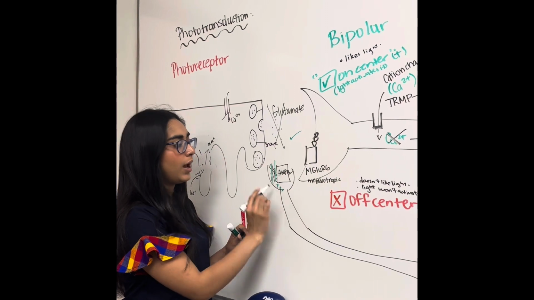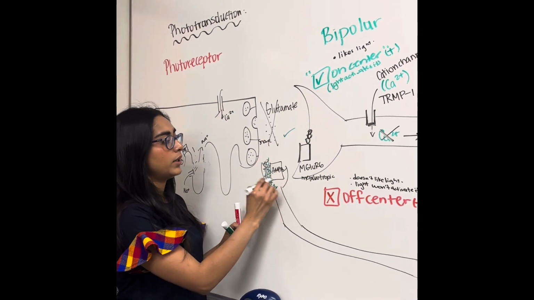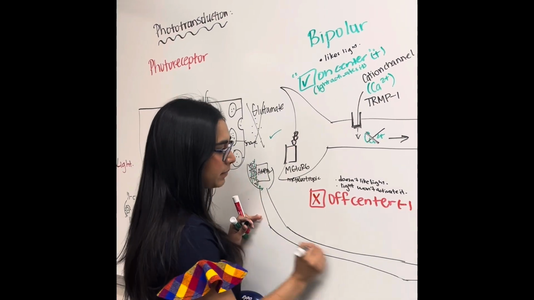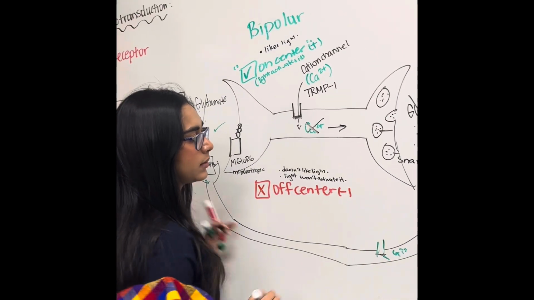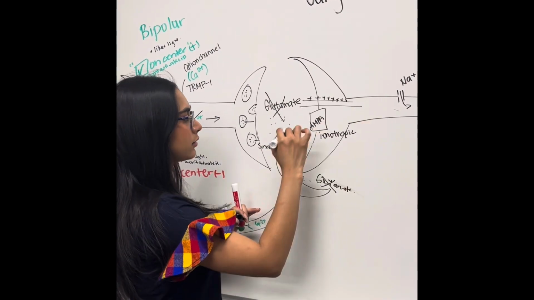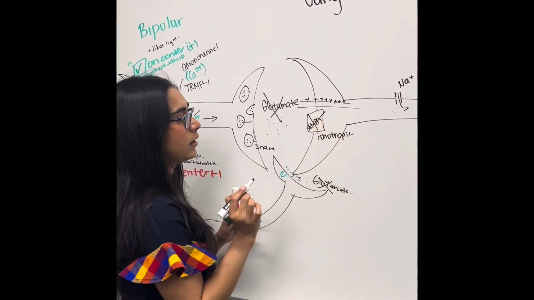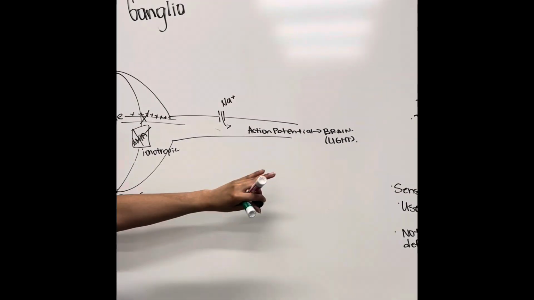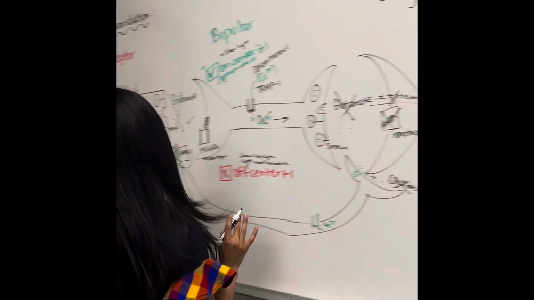No glutamate, no activation of AMPA. So we don't have positive things in, which makes it no action potential, no calcium things in, no glutamate release, no AMPA opening here, no positive things coming in. It won't set an action potential.